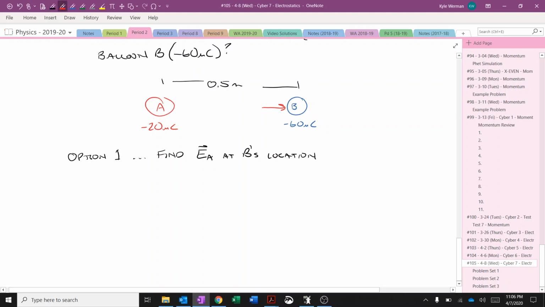In which case the field of A would be K, the charge of A, over the distance to A squared, 9 times 10 to the 9. The charge of A is 20 times 10 to the negative 6, and the distance is a half a meter.